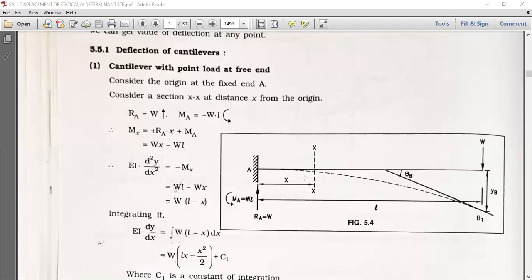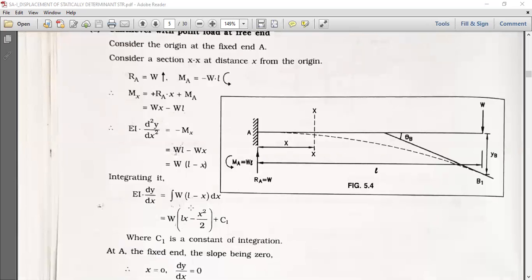Now integrate it. EI d square y upon dx square is equal to minus Mx. It is the equation of deflection. Put this value WL minus Wx. Put the common term out. EI d square y upon dx square is equal to W, take it common, L minus x.